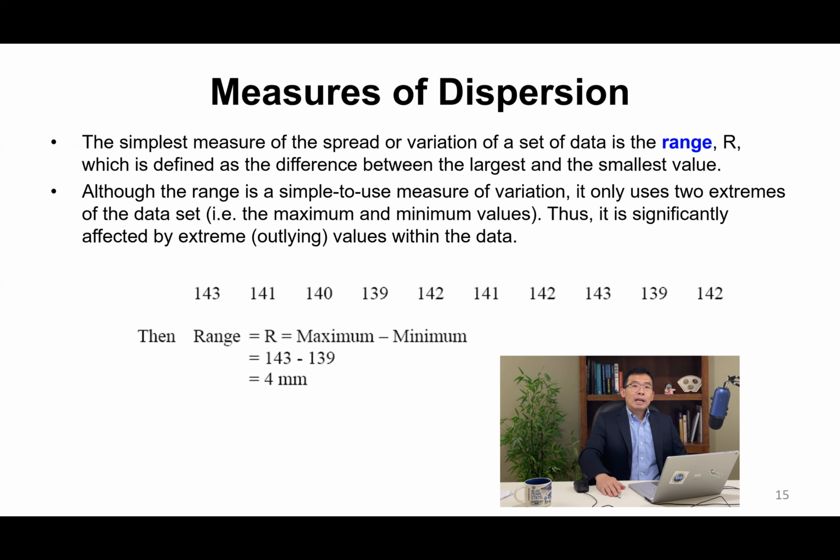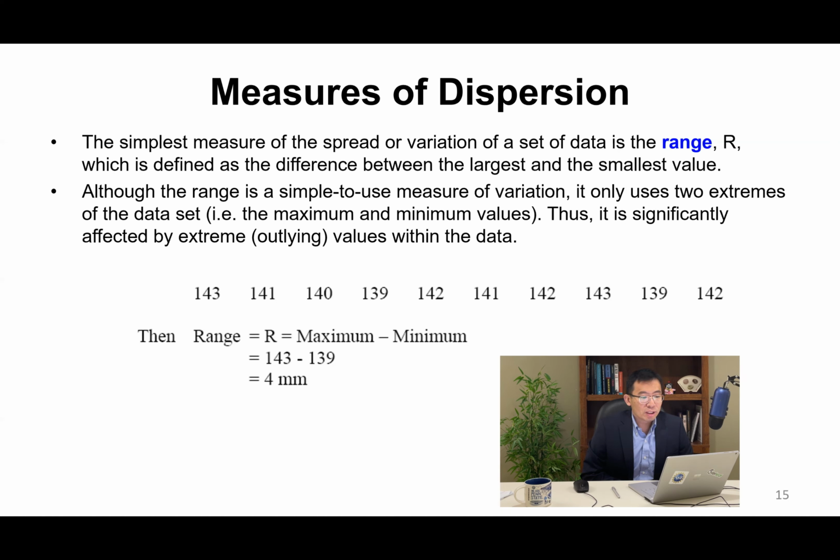Now let's have a look at the measure of dispersion. The simplest measure of the spread or variation of a set of data is the range, which is defined as the difference between the largest and the smallest value. Of course, the range is the maximum minus the minimum.